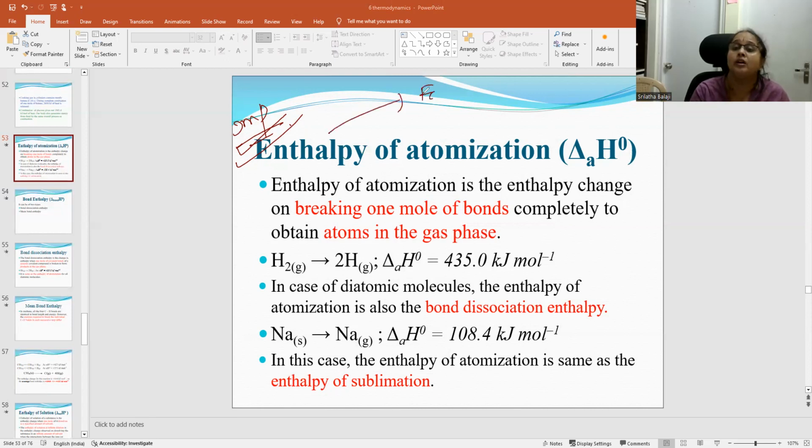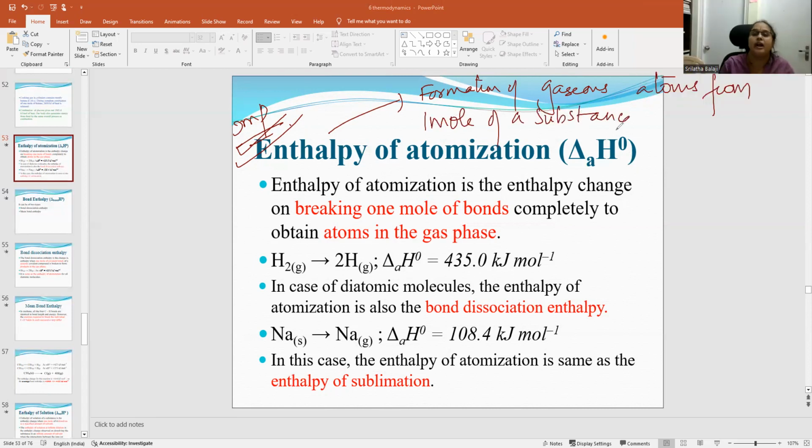Actually, that's the meaning. Formation of gaseous atoms from 1 mole of a substance. Keep this in mind for atomization. So how the gaseous atoms are formed from 1 mole may change from substance to substance.